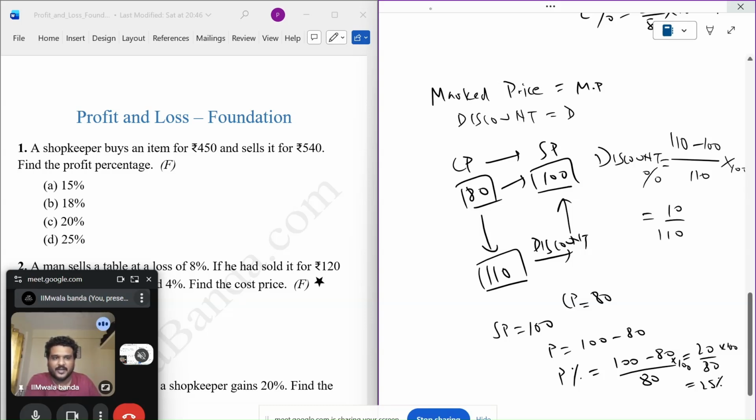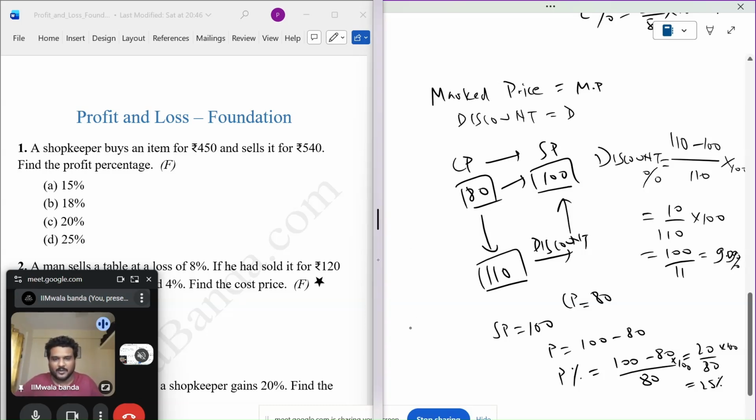So 10 by 110 into 100, which is 1000, or let's cancel the zeros, 100 upon 11, which is 9.09% will be the discount that they are getting on the product. And how much have I marked up the price for? Again, no formula is required.